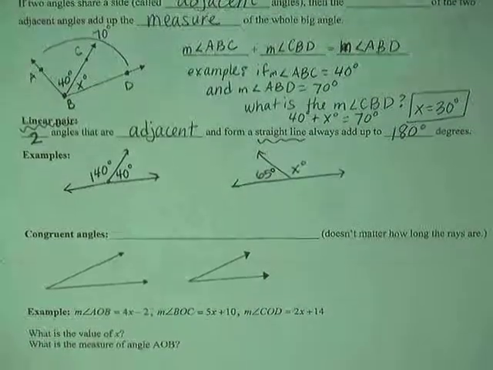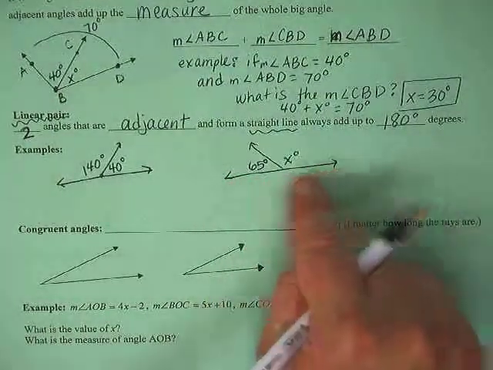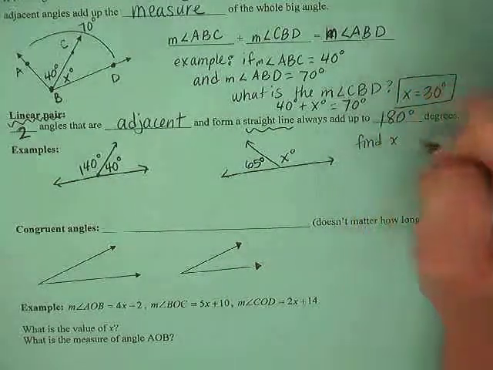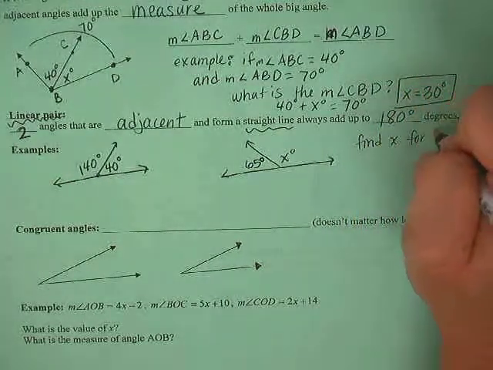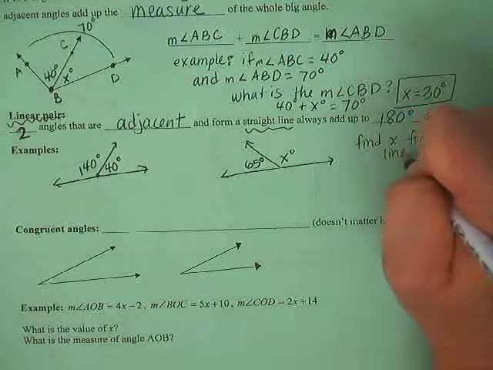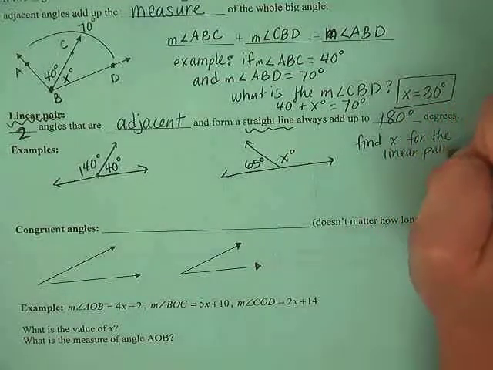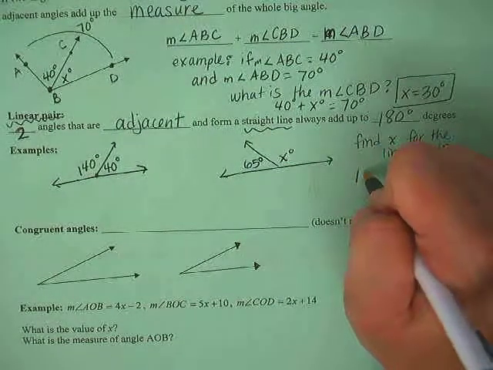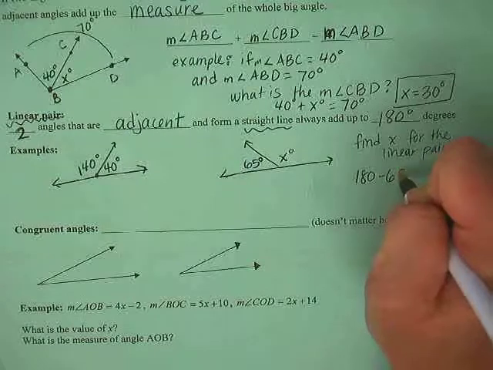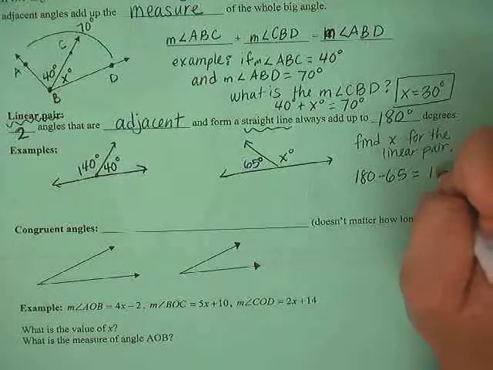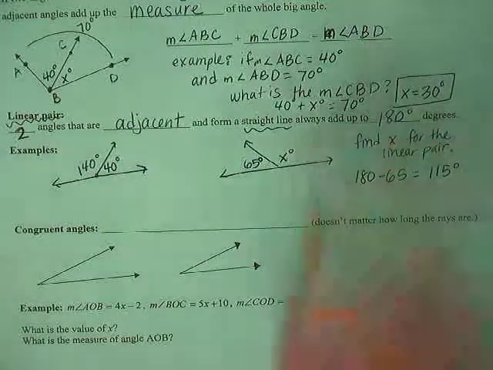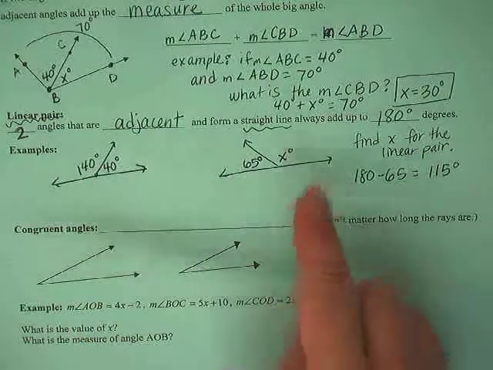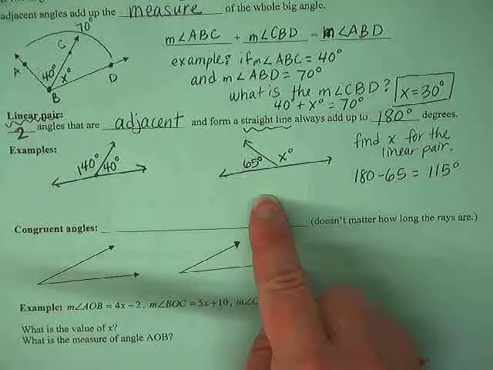If this is 65 degrees, and we want to find this one, and notice how this forms a straight line, how can we find x? How did you do that? 180 subtract the 65 equals 115 degrees for the other angle.